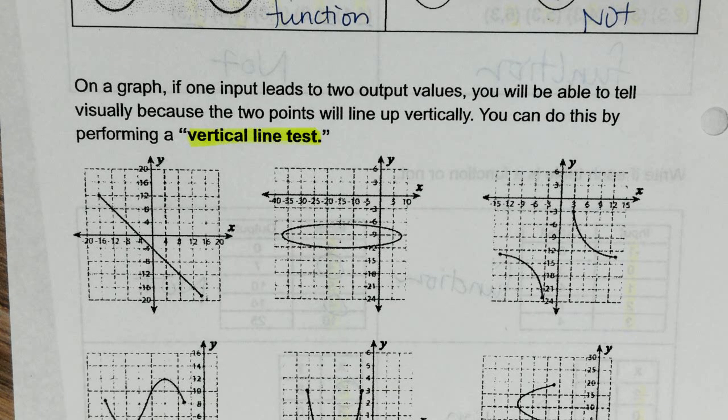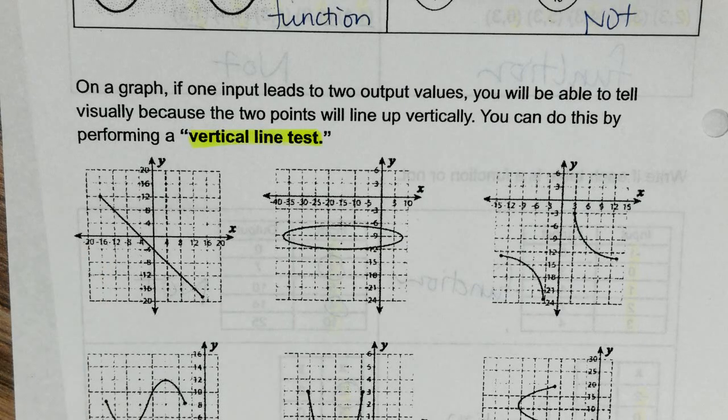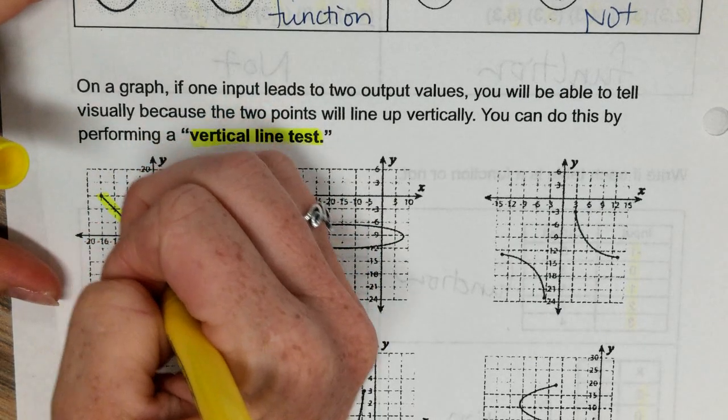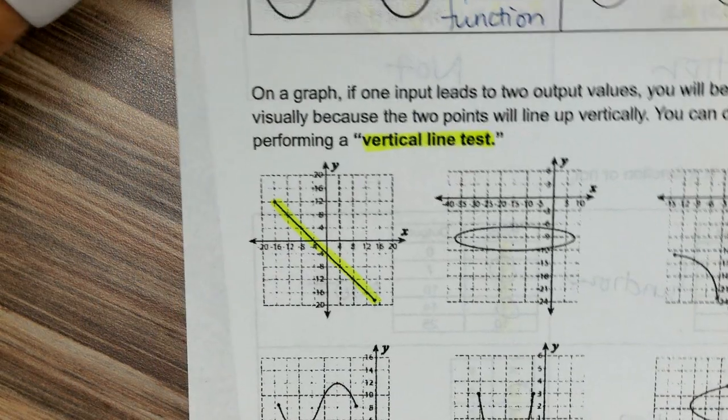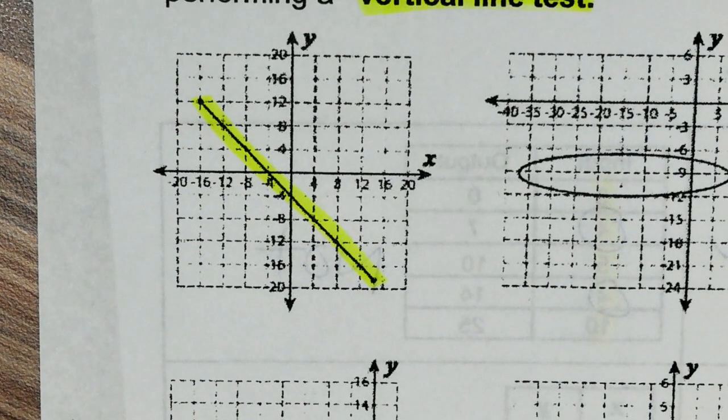So, what do I mean by if it touches what? I'm talking about the picture on the graph. Please don't look at the x and y axis. That's just the canvas that the graph is on. Yes? So if you look at this example, I am only talking about this line right here. Is that line a function? So I take my pen or pencil and I draw a vertical line like this.